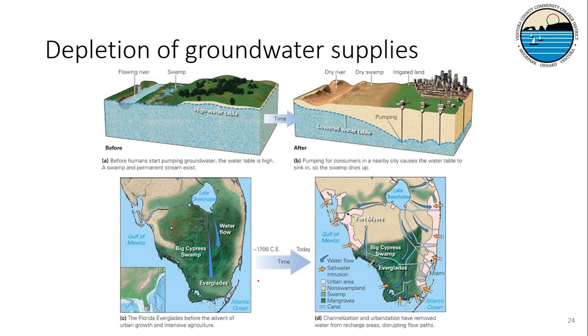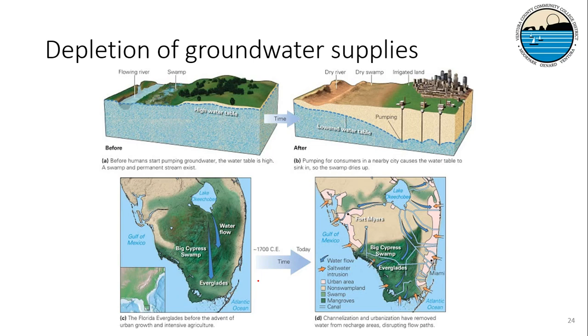So depletion of groundwater supplies is a huge problem. It's something that is regulated, and rightfully so, because some people are taking more than they should, and so it has to be regulated. We see depletion of groundwater supplies very often.